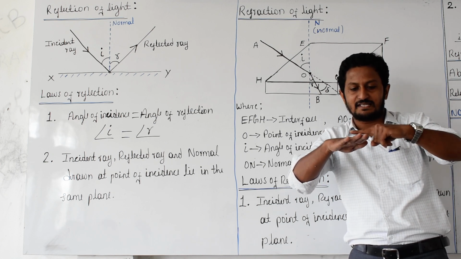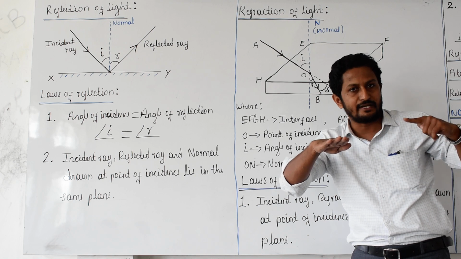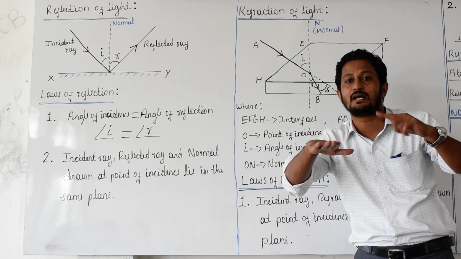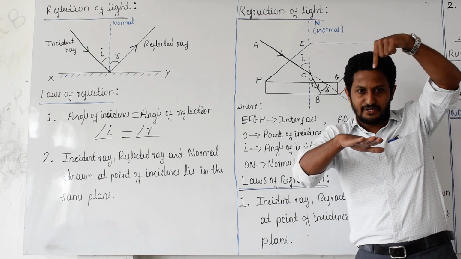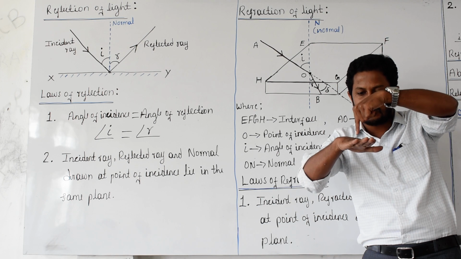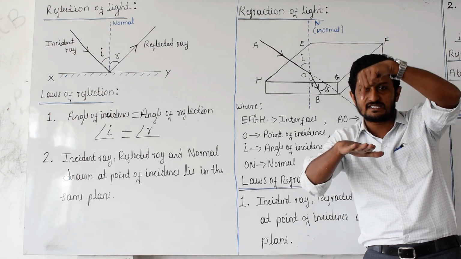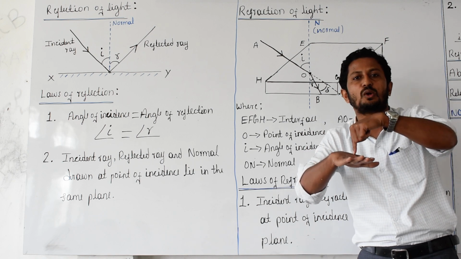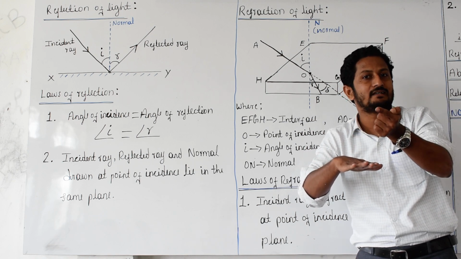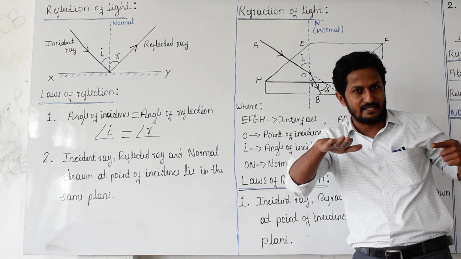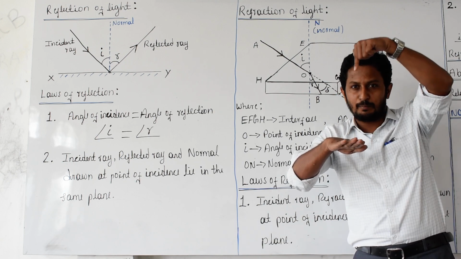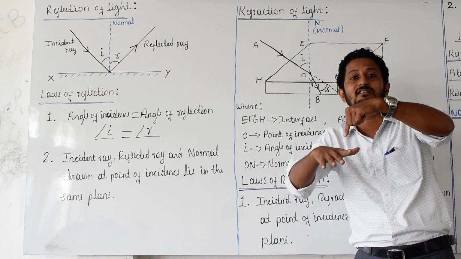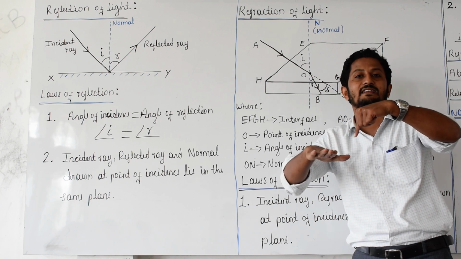If it is coming like this, how does it look? It is looking parallel to the surface, then we should not call it oblique. If it is coming like this, what is it? To that surface this light ray is perpendicular, then also we should not call it oblique. Oblique means neither parallel nor perpendicular to the specified or any concerned surface or line.